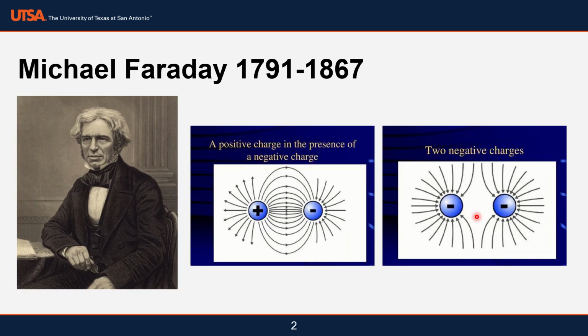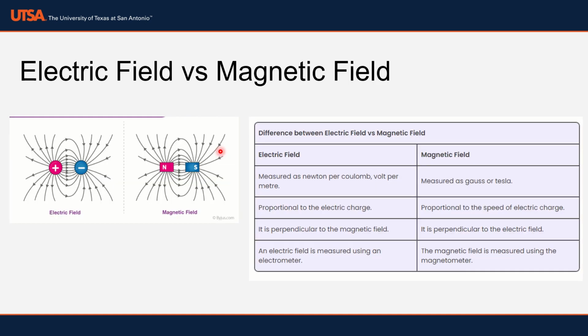Faraday was fascinated by this, and we're going to start talking about things known as electric fields or magnetic fields. Faraday was the scientist that came along after Coulomb, and he started studying electric and magnetic fields. In a lot of the diagrams I show you magnets, because everybody has played with a magnet as a kid, so everybody has an idea how a magnetic field works, or could associate it with something easier to see.